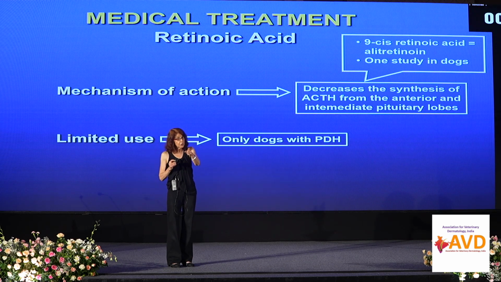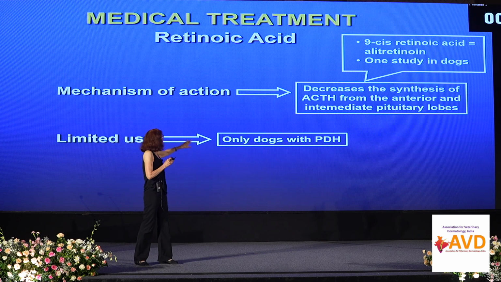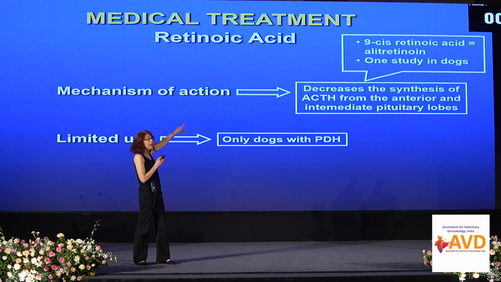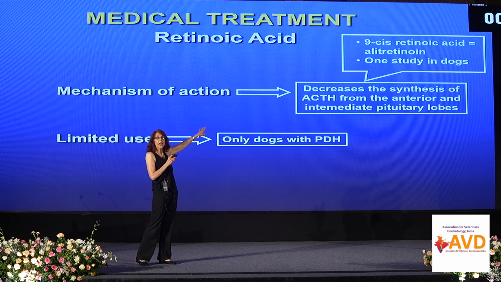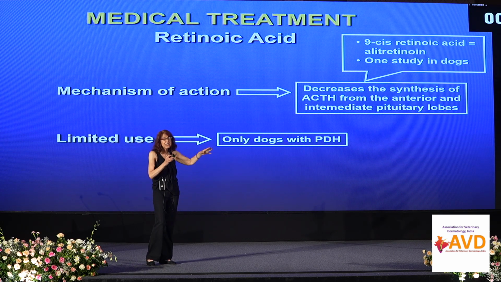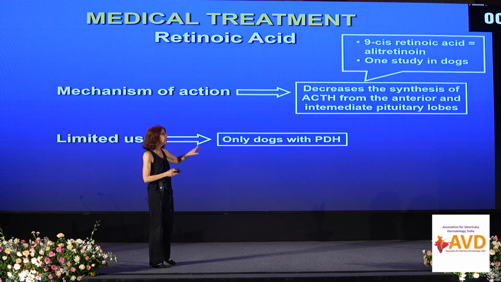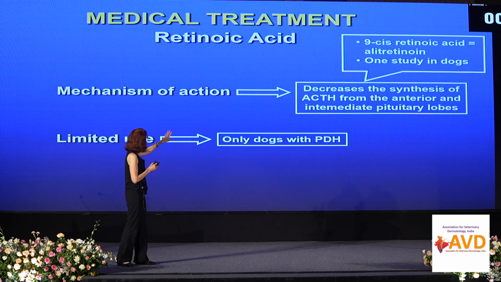They have used isotretinoin in people, but I didn't see any in dogs, which again, isotretinoin is a 13-cis-retinoic acid, and the one they use is this 9-cis-retinoic acid, or it's alitretinoin, okay? And they actually had a group of dogs on this drug and a group of dogs on ketoconazole at 10 milligrams twice a day. And they use, I think, I'll show you in a minute.